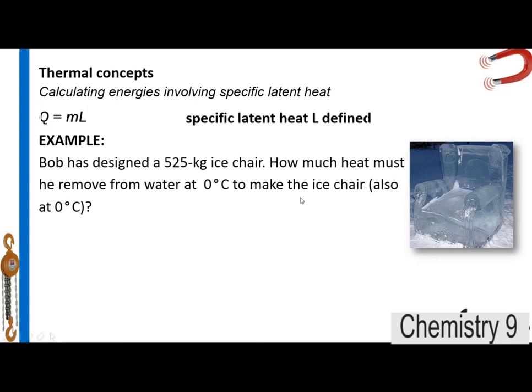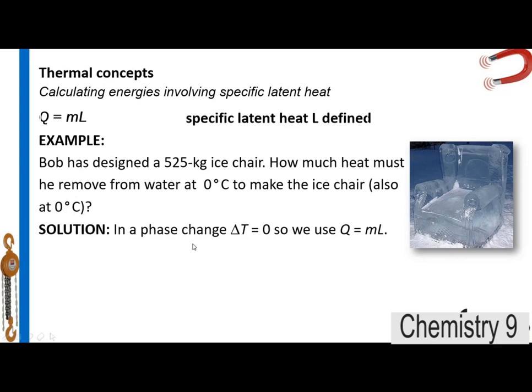And what the question is asking is, how much heat must Bob remove from water at 0 degrees Celsius in order to make the ice chair, also at 0 degrees Celsius? So let's have a look at this, because it's quite an important example in terms of getting you to understand the phase change involved and the amount of thermal energy required during a phase change.